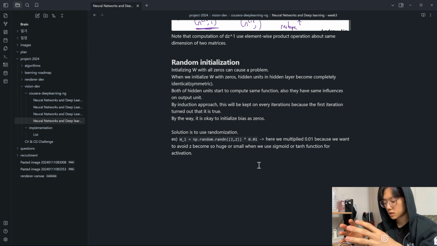So it can make our neural network learn very slowly. To avoid that, we multiply by a small number.